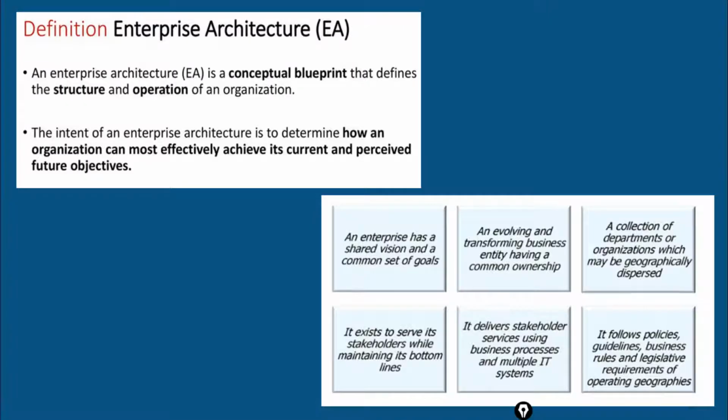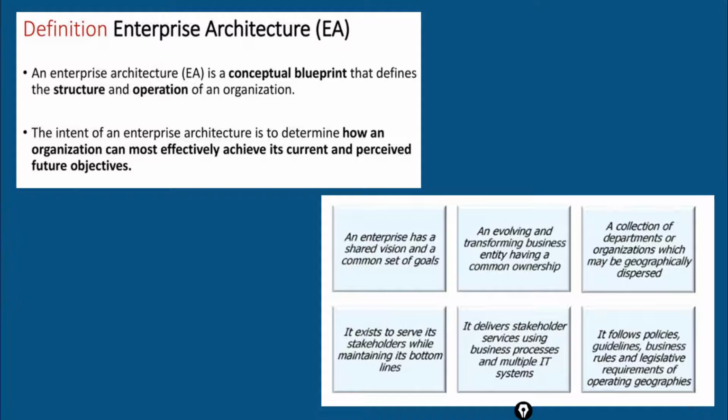Let's see the definition of enterprise architecture. An enterprise architecture is a conceptual blueprint that defines the structure and operation of an organization. The intent of the enterprise architecture is to determine how an organization can most effectively achieve its current and perceived future objectives.